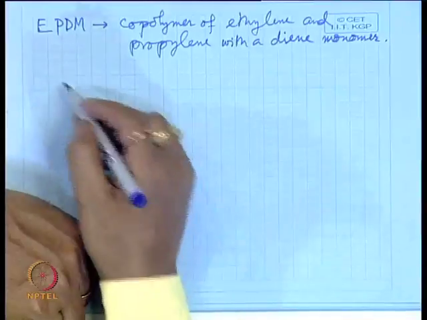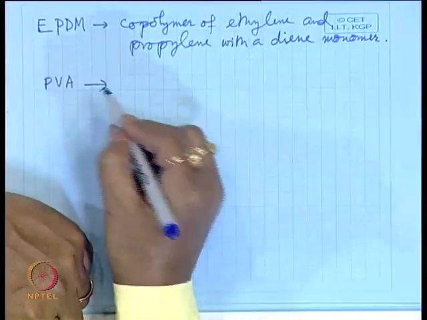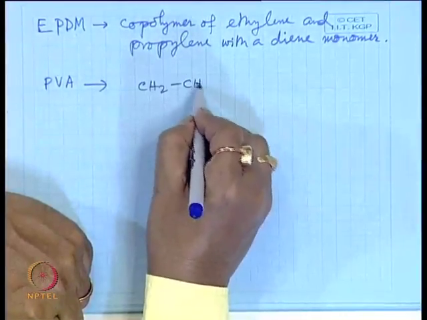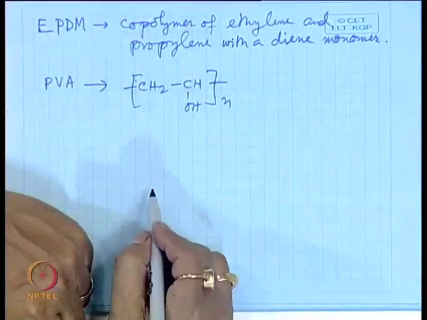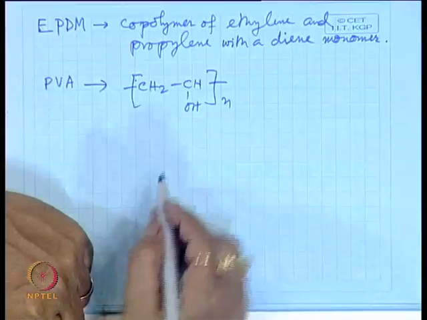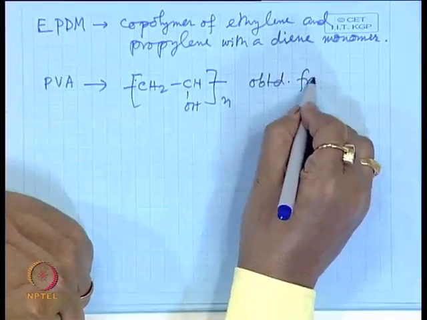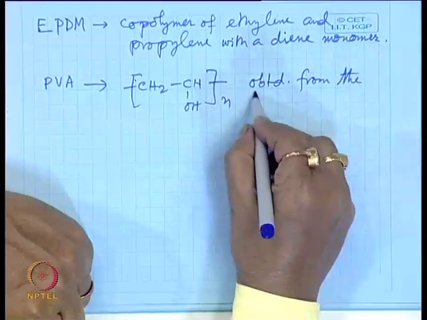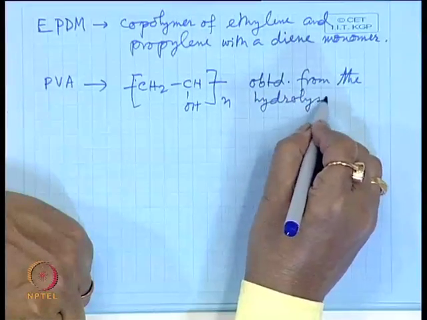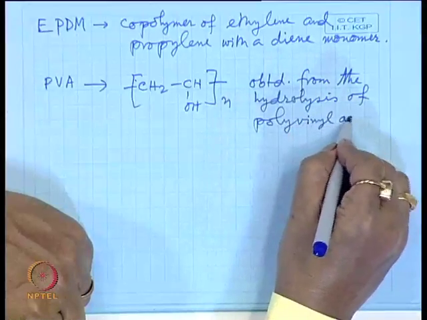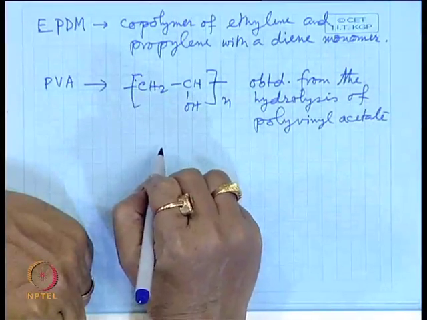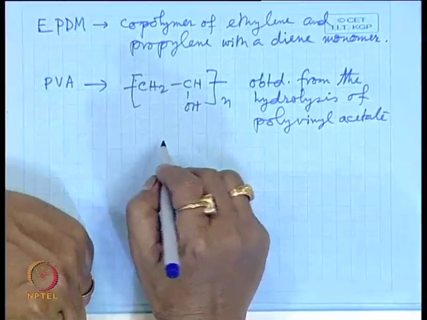Polyvinyl alcohol, it is obtained from polyvinyl acetate, say 90% hydrolysis, 8 to 10% acetate group remains in polyvinyl alcohol.